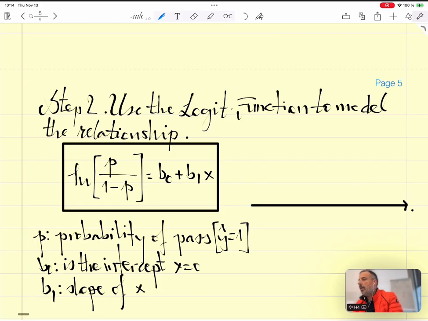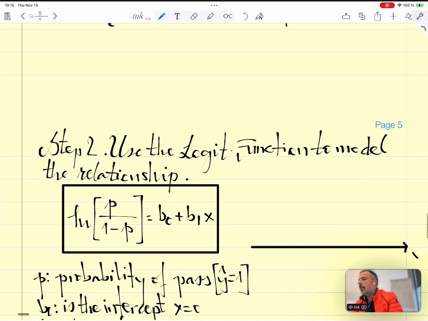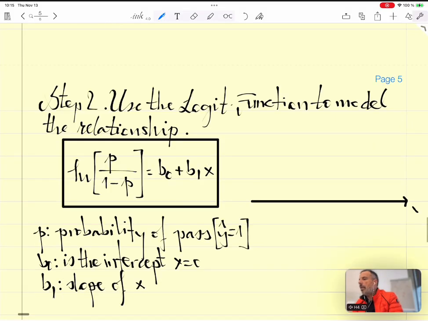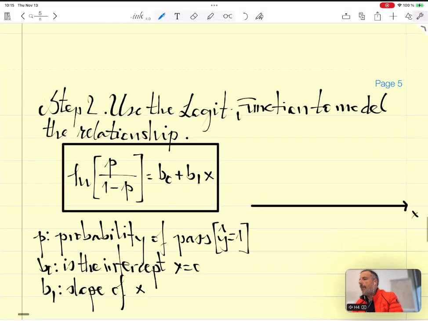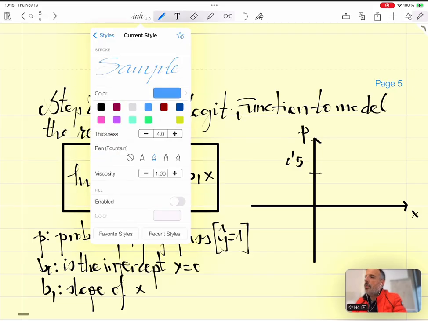This is x. This is y. Okay, this is p. So 0.5 is going to be there. And then the equation looks like this.